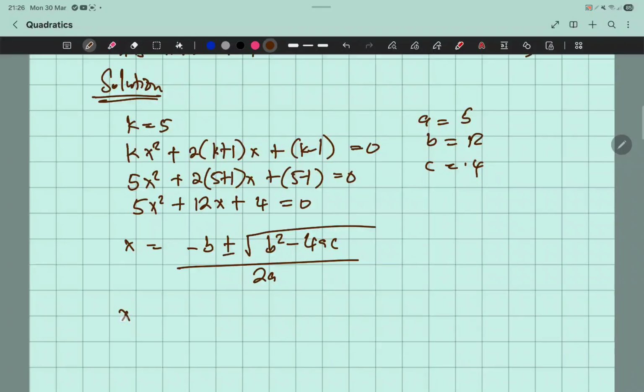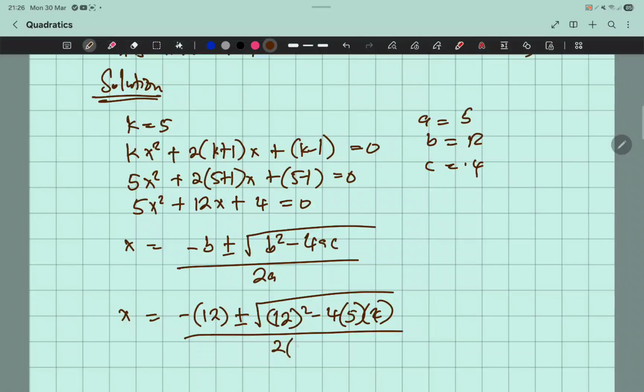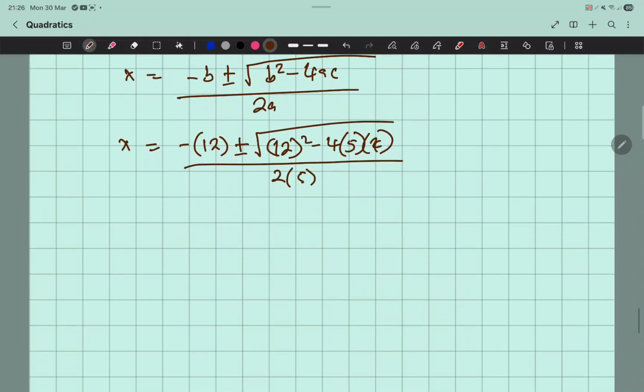X equal to negative b, which is 12, plus or minus root of 12 squared minus 4 times 5 times 4, all that over 2(5). So x equal to negative 12 plus or minus root of, let's find that out by punching it on our calculator.